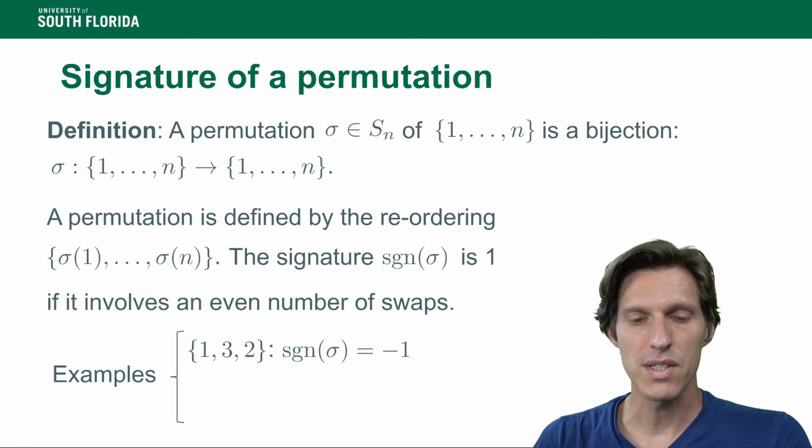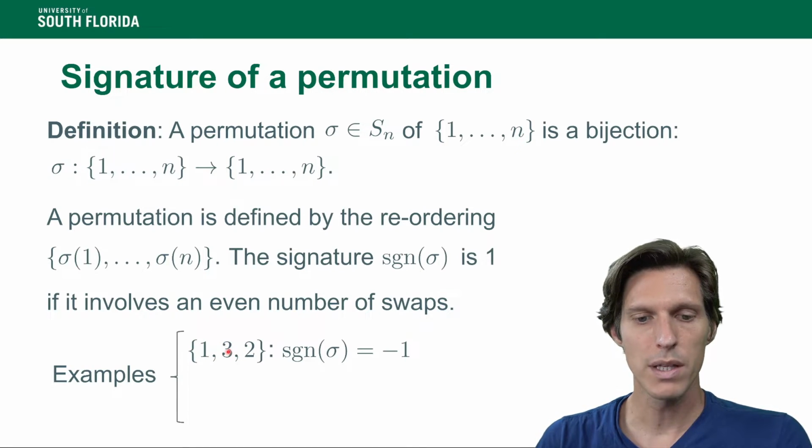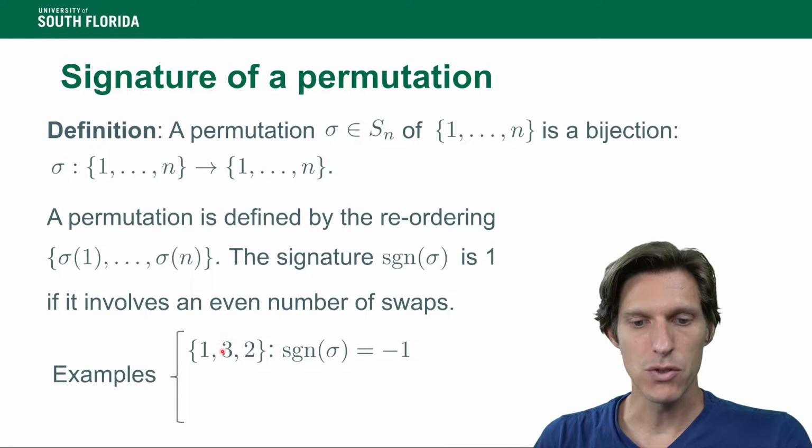So quick example here. So 1, 2, 3, the signature, sorry, of the permutation defined by the reordering 1, 3, 2: there's only one swap required to get there, which is the swap between 3 and 2, so the signature is minus 1.